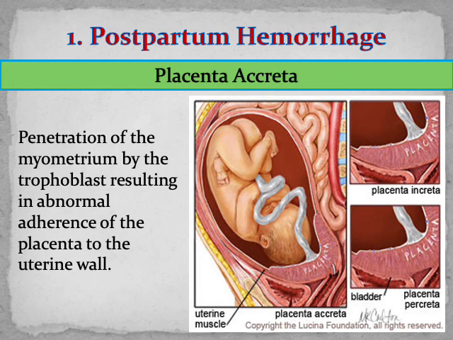Now, in placenta accreta, sumobra yung penetration ng placenta. Umabot siya hanggang myometrium. And the myometrium is not capable of shedding off. Hindi ganun-ganun kadaling ma-detach. That's why this is a very difficult complication.